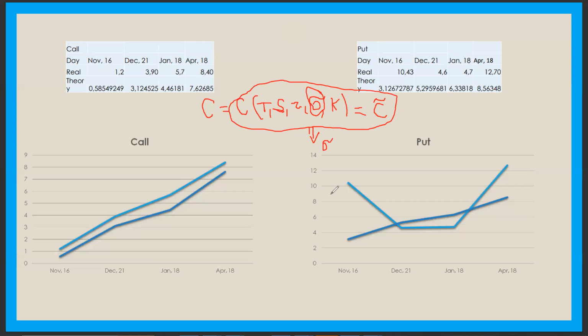Do you understand? And it will be the implied volatility. Is this idea clear for you? Are you hearing me? Yes, we understand. Okay, thank you.